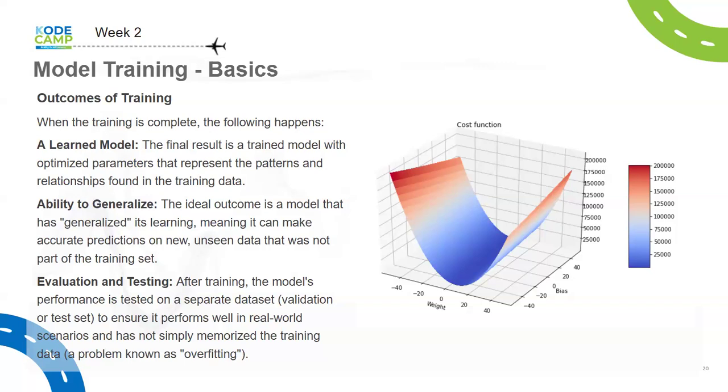Evaluation and testing means that's the third part. After you have trained the model, you can check the model's performance by trying it out on a totally separate data set, what we call a validation or test data set. And it still performs well, it still generalizes well on that new data set or those new data sets that you did not train it on.